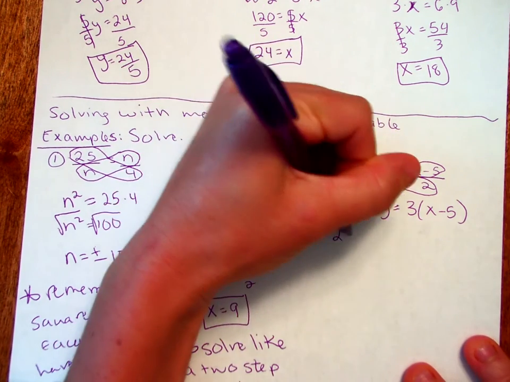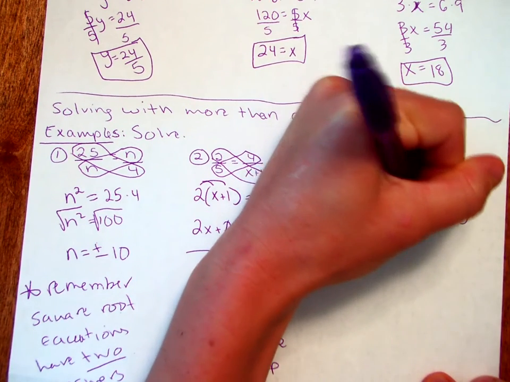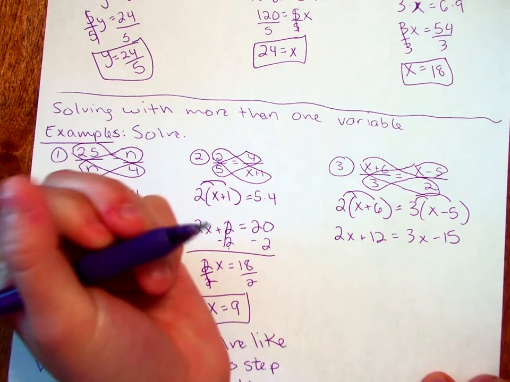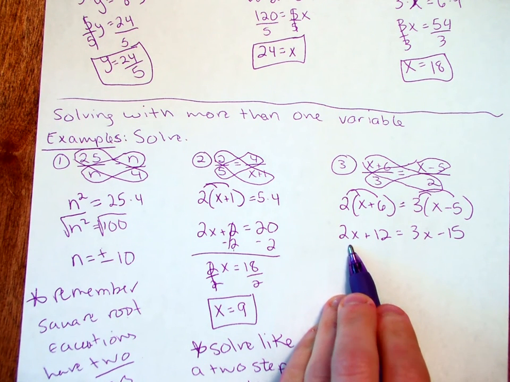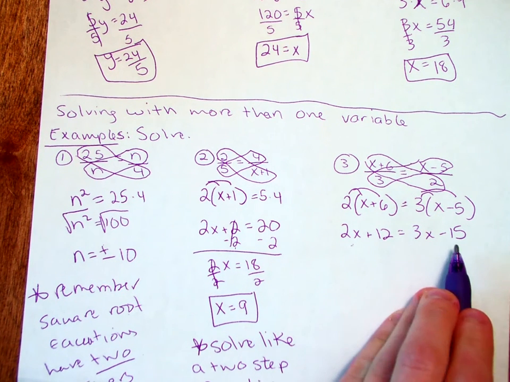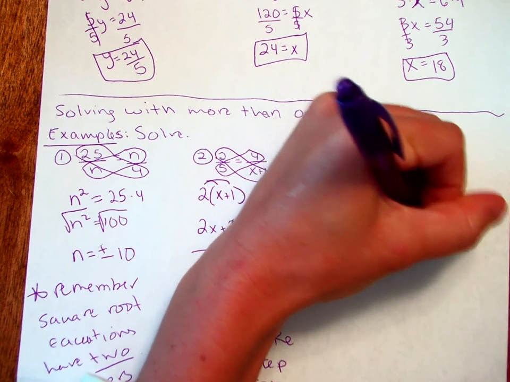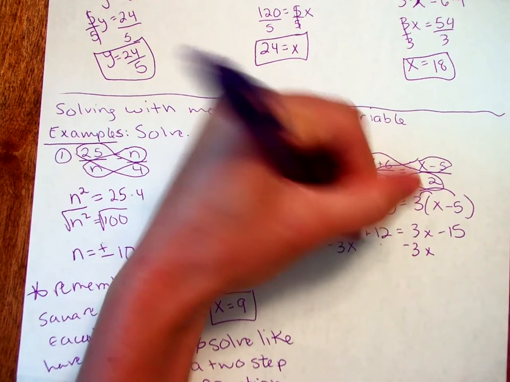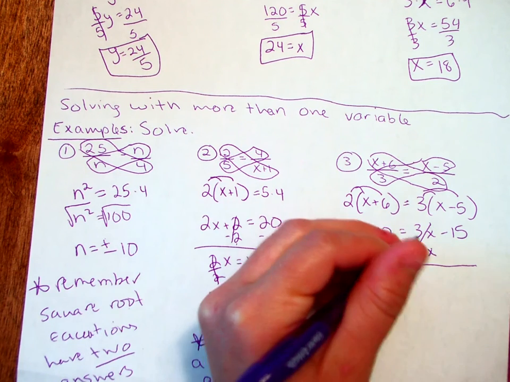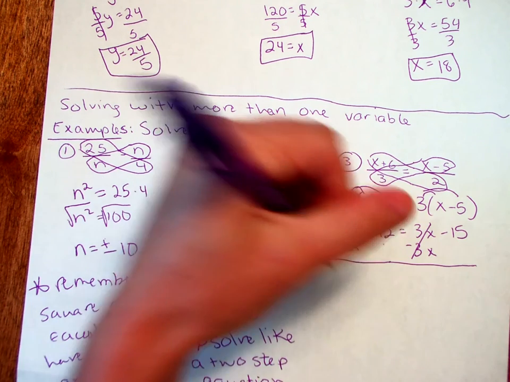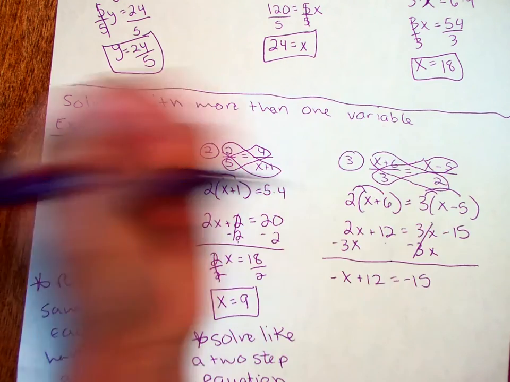So you're left with 2x plus 12 equals 3x minus 15. Remember, when you have variables on both sides, your goal is to get the variable on one side and the coefficient on the other. So I usually bring it to the left just because I think it's easier sometimes for you to solve. This does give me a negative, so if you want to subtract 2x and bring it to that side, I'm cool with that. Gives you negative x plus 12 equals negative 15.